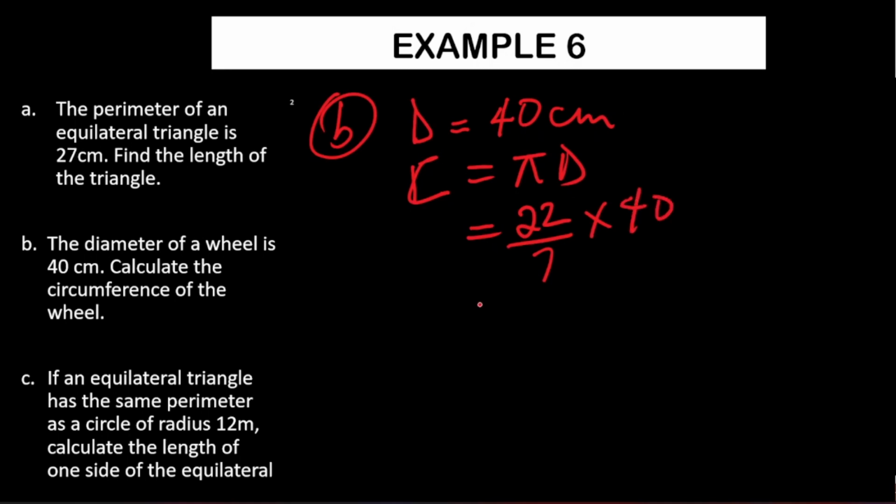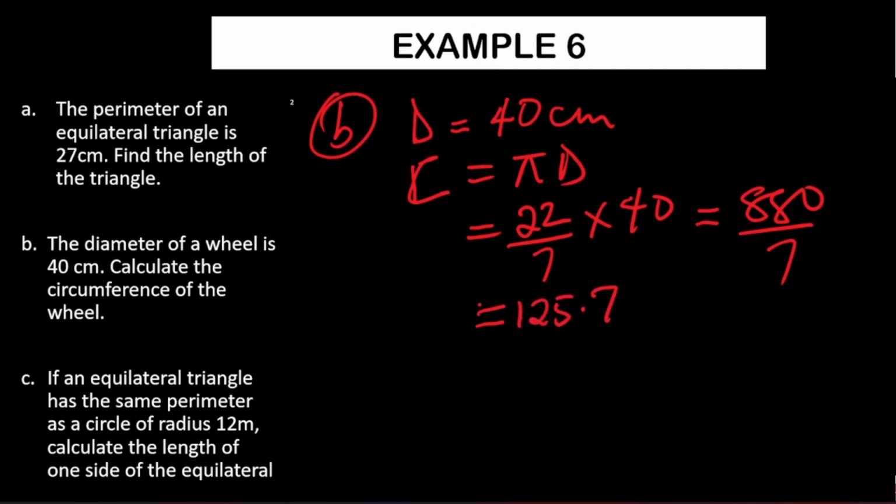Then we calculate this. So that's going to give us 880 divided by 7. So 880 divided by 7 gives us 125.7.